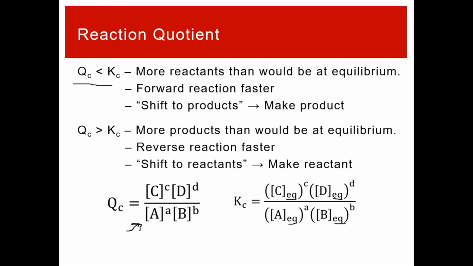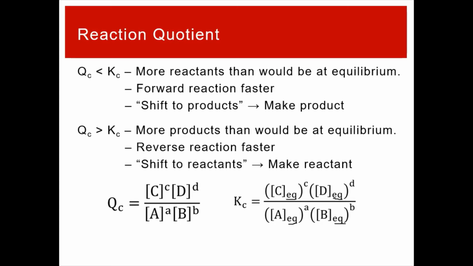We would expect to see a shift to products, because that would increase the top of the fraction, right? So the concentration of products will increase and the concentration of reactants will decrease as this system evolves to reaching equilibrium.